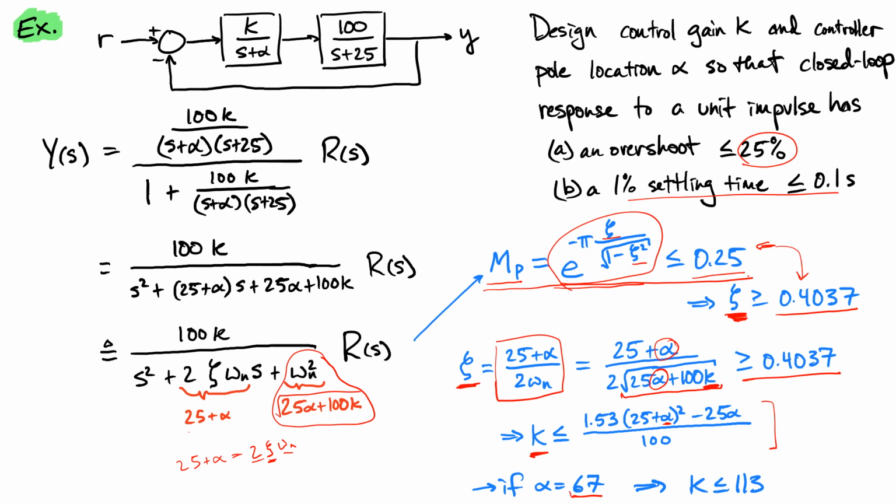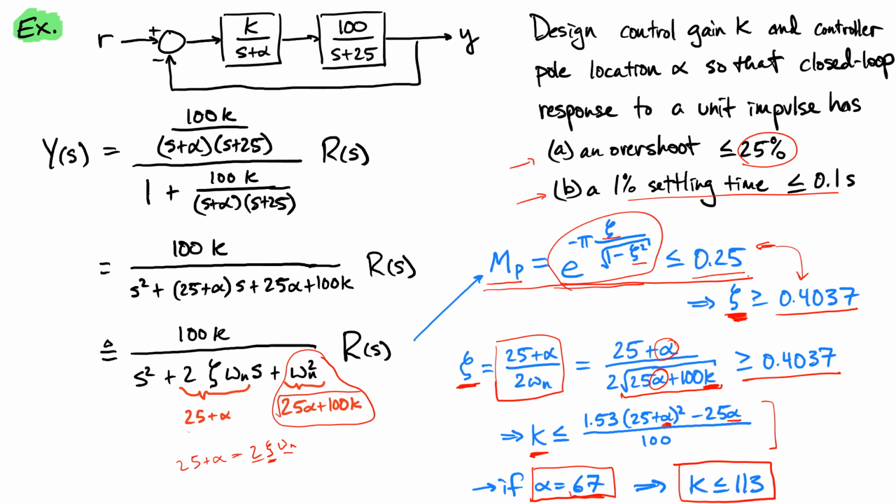But if we do choose this 67, we can plug in 67 here and here, and that'll calculate out the fact that k needs to be less than 113. And so this now tells us design guidelines in order to achieve our 2 time domain specifications. And so that's one way to solve this out, using these assumptions about these formulas.